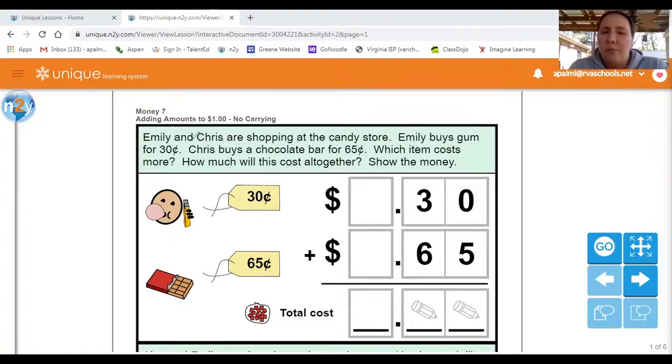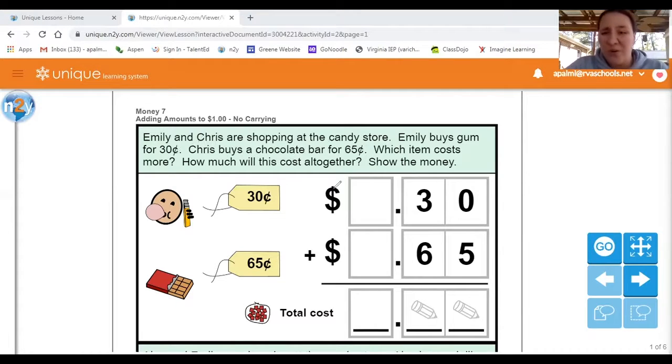Chris buys a chocolate bar for 65 cents. Which item costs more? How much will this cost all together? Show the money. So we're not going to work on showing money today because we've done that skill for a couple days now. We're going to decide which one costs more, and then we'll do how much they cost all together. So what are our important words within the story?